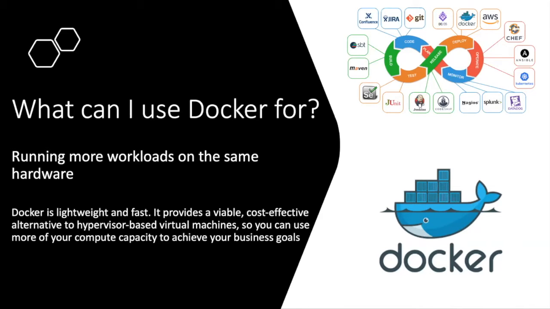So for example, on my laptop, I could run 10 to 15 Docker containers easily without causing any slowness on the hardware itself. But if I have to run 10 or 15 virtual machines, I'm sure my laptop doesn't have such capabilities, right?